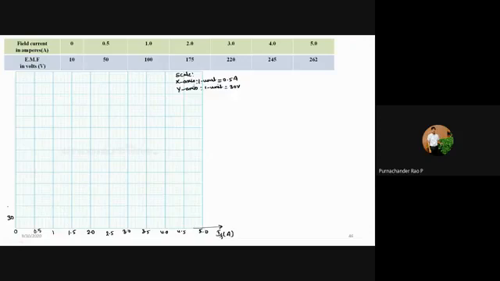And on the y-axis it is 30, 60, 90, 120, 150, 180, 210, 240, 270, and 300. So this is the scale on the y-axis. The y-axis represents the induced voltage E_a in volts.